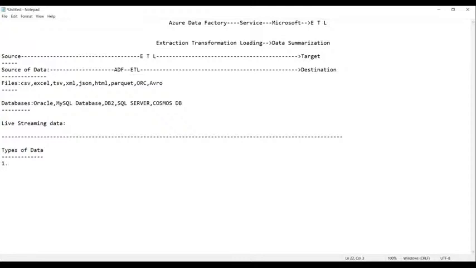The first one is called structured data. The second one is called unstructured, or we can say semi-structured data.